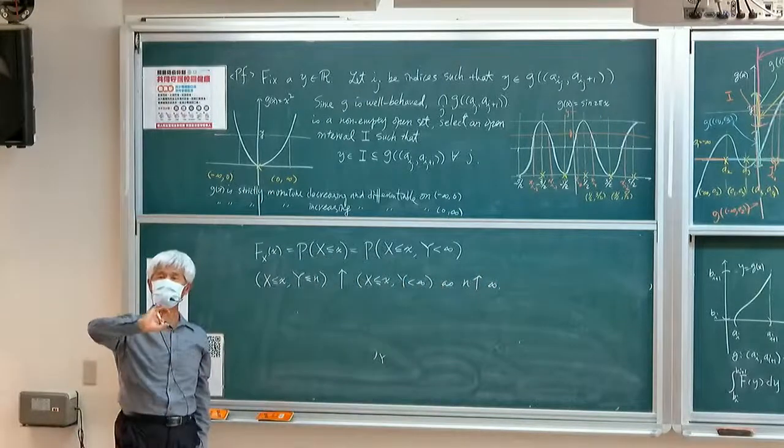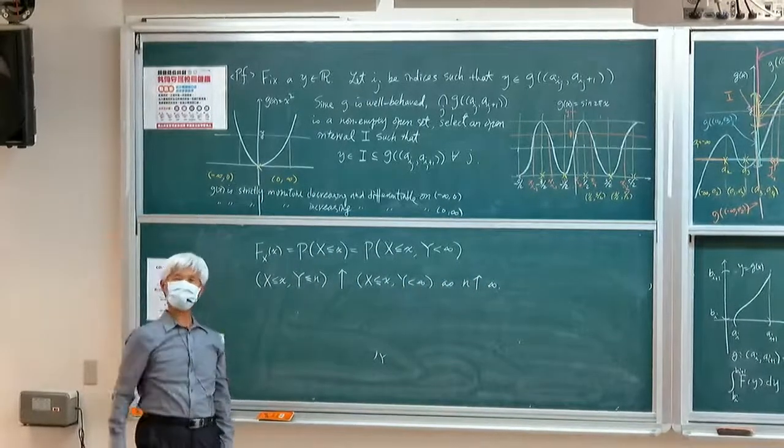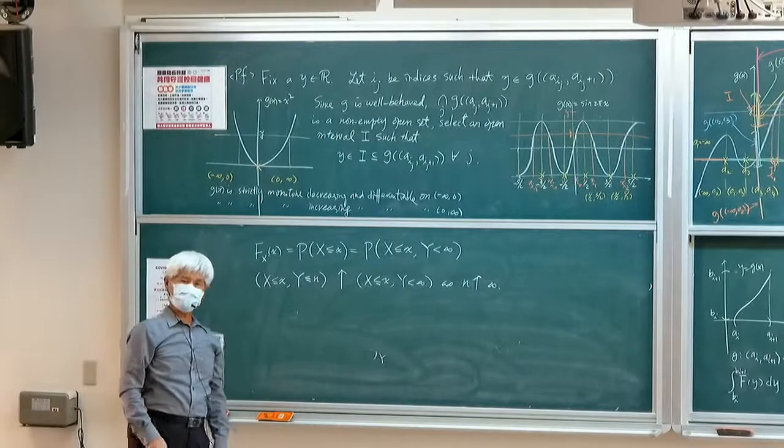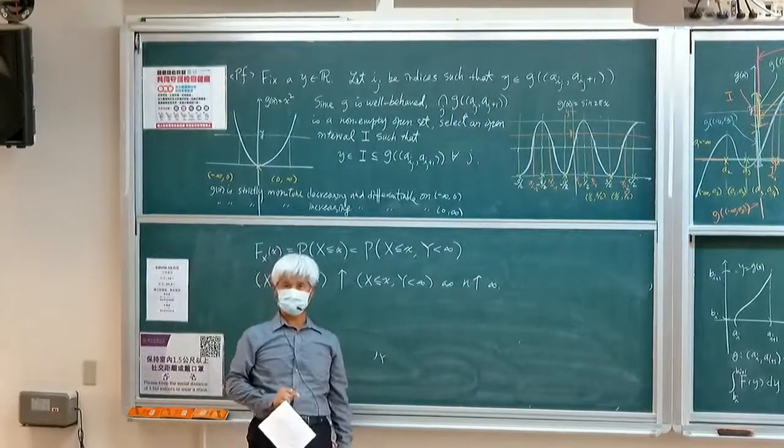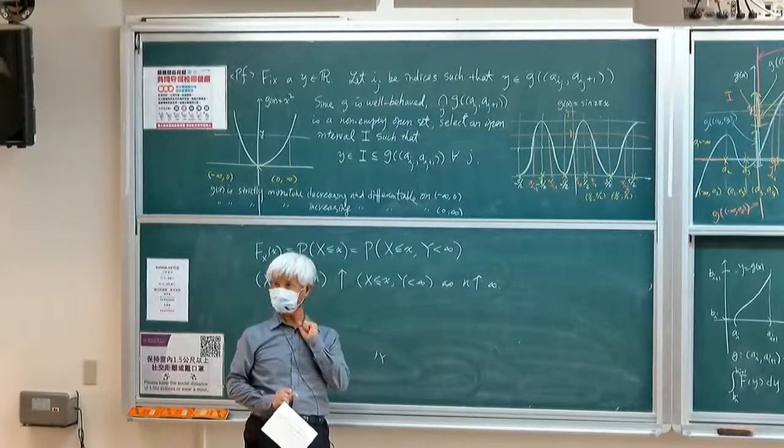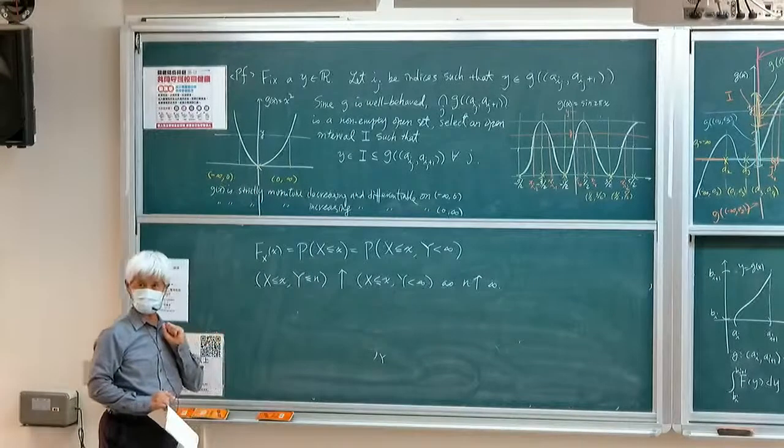So we have a monotone increasing event. And the limit of this monotone increasing event is equal to this event. Second observation. Is that okay?